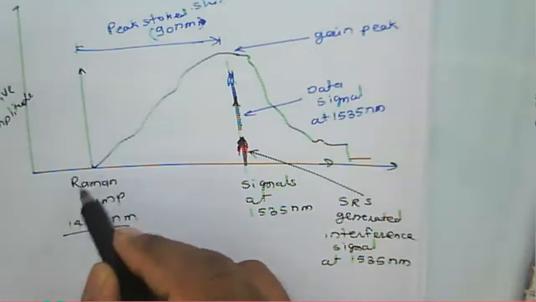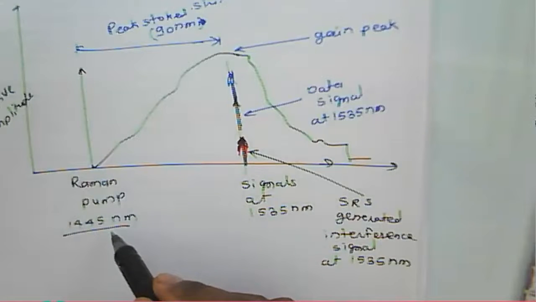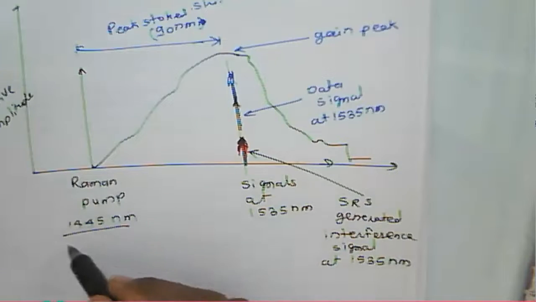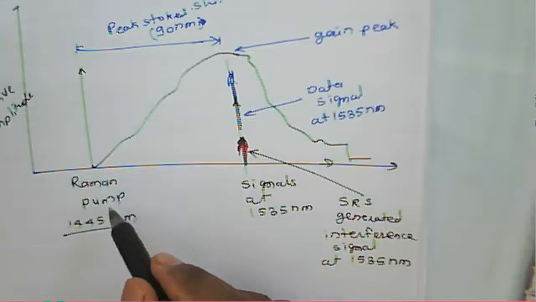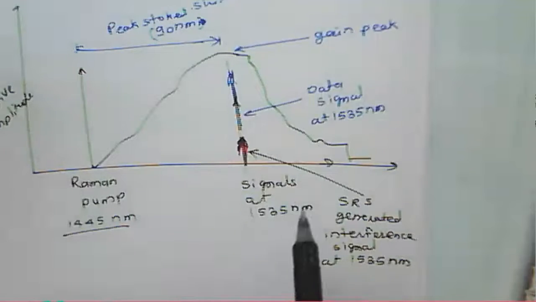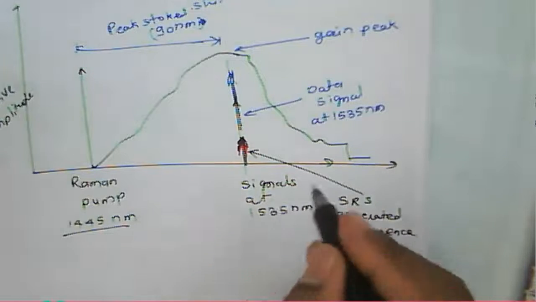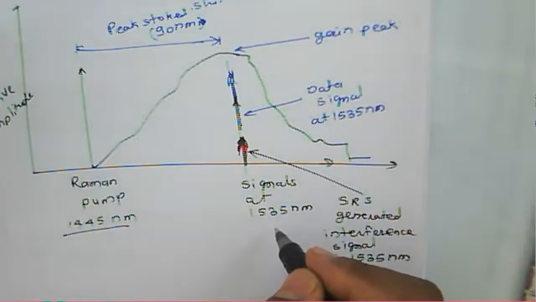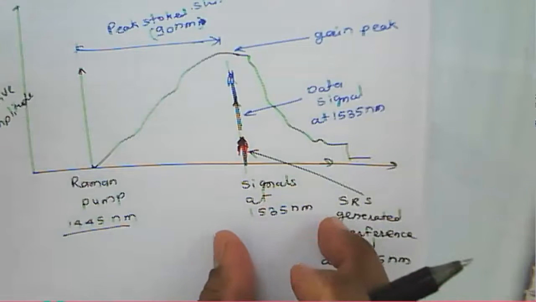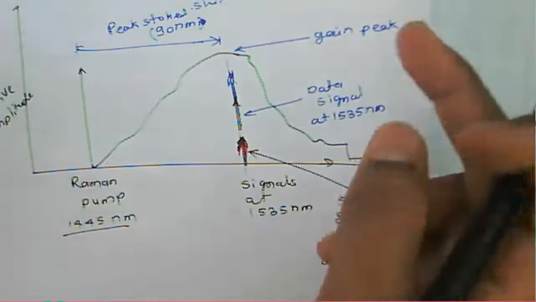So in this figure, the Raman pump is at 1445 nanometer, which means the laser is operating at 1445 nanometer. Because of stimulated Raman scattering at 1535 nanometer, the pump transfers its power to the signal at 1535 nanometer.